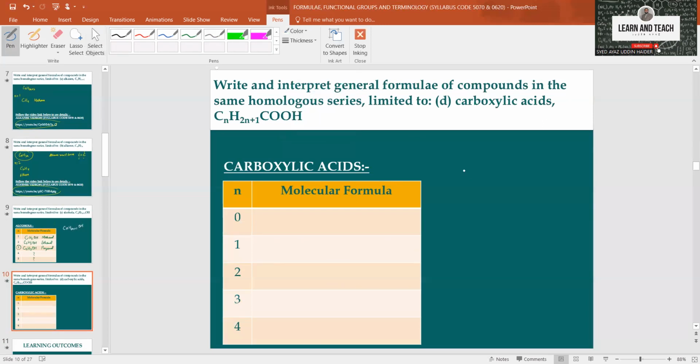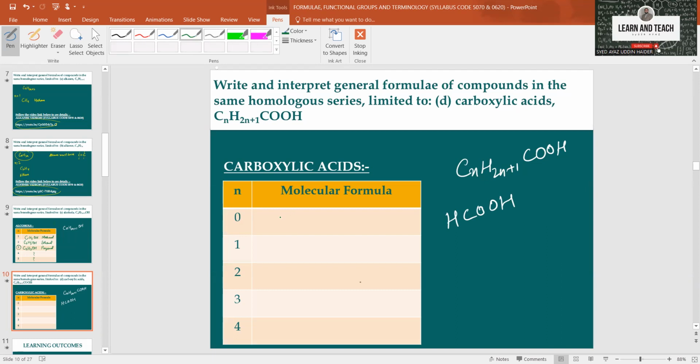Now carboxylic acid, the general formula for carboxylic acid is CnH2n+1COOH. Interestingly, the first member starts with the value of n as 0. So if you take n as 0, you don't have any carbon, first carbon. So for hydrogen, 2 multiplied by 0 is 0, 0 plus 1 is 1. So we have HCOOH. This will be the molecular formula of the first member of carboxylic acid.